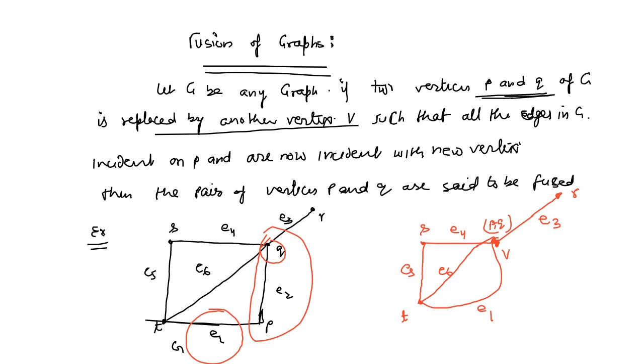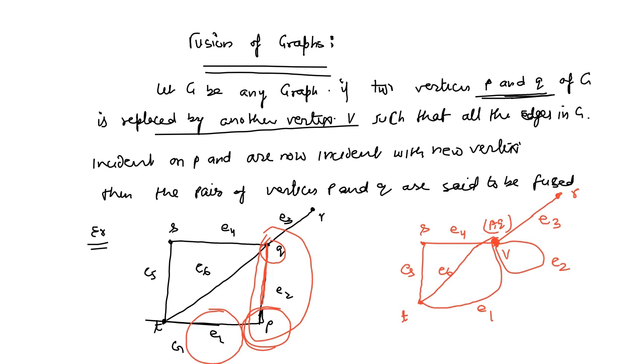Because we fused this pair of vertices, we write only one vertex here, V, and we remain with E2. So how to draw E2? E2 is drawn as a self loop.